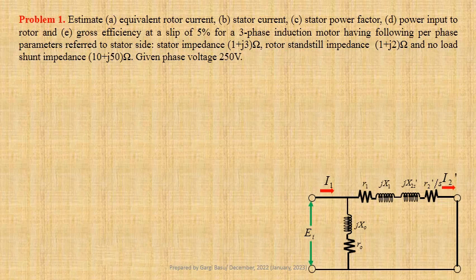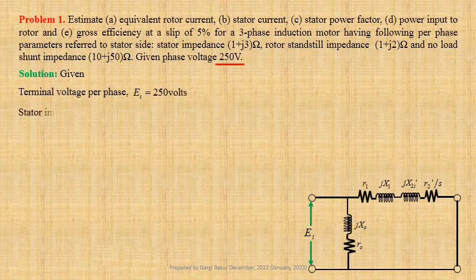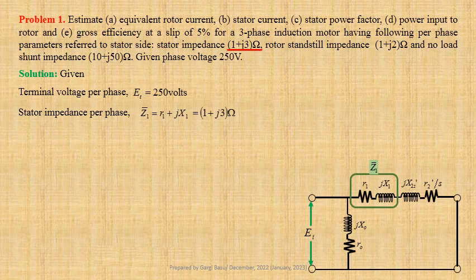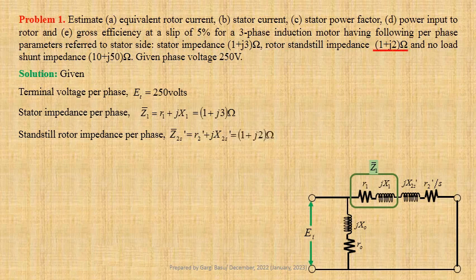Let us first write down the given data. Terminal voltage per phase ET equals 250 volts. Stator impedance per phase Z1 equals R1 plus jX1 equals 1 plus j times 3 ohm, and standstill rotor impedance per phase referred to stator side Z2S dash equals R2 dash plus jX2S dash equals 1 plus j times 2 ohm.